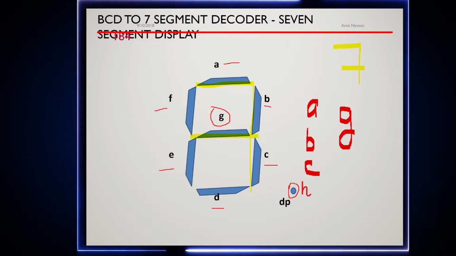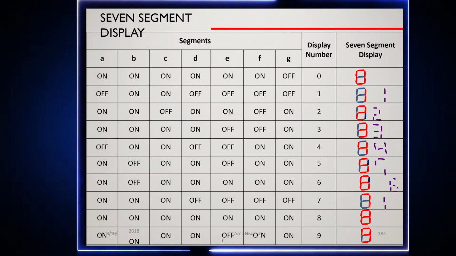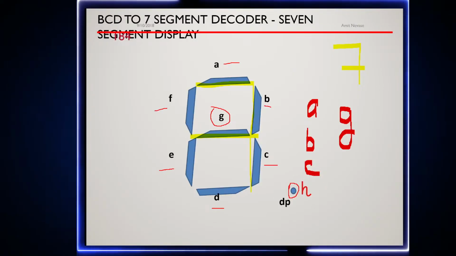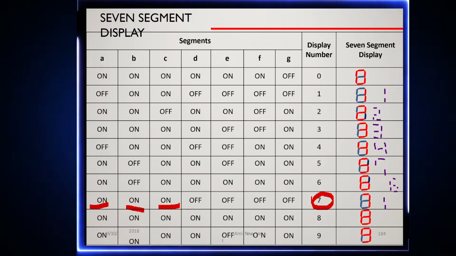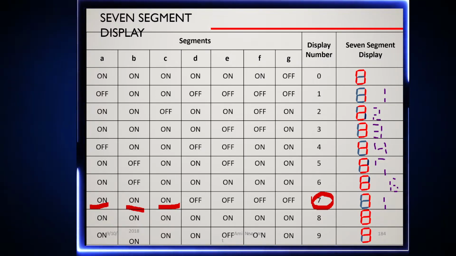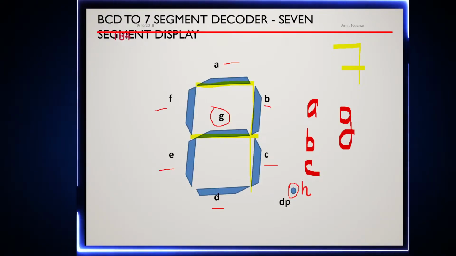Now let me show you a table, it might be easier over here. So you can see over here, this is number 7, and we have already seen for number 7, A, B, C, and G should be on. So you can see A is on, B is on, C is on, and in this case they have not taken the middle line of 7, but if you take the middle line of 7, then G will also be on.